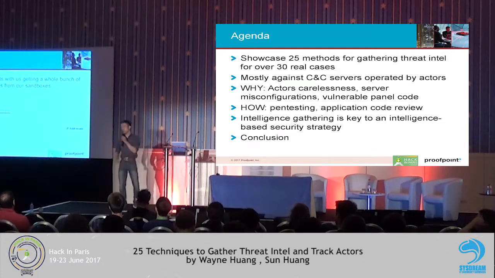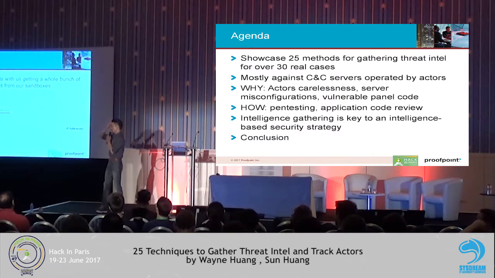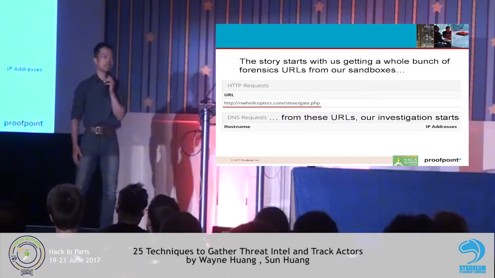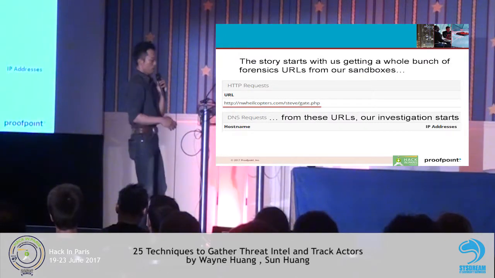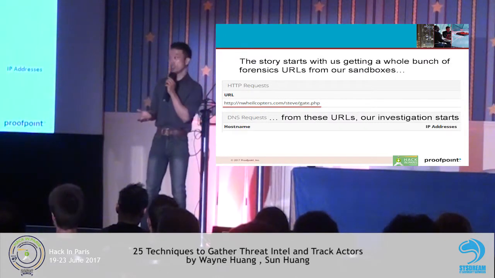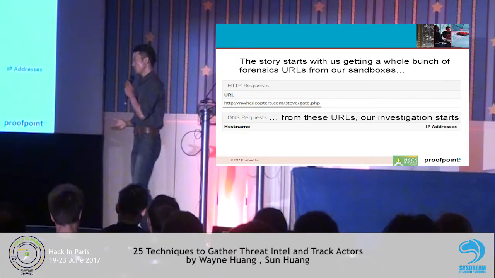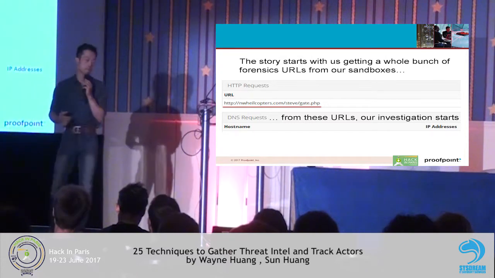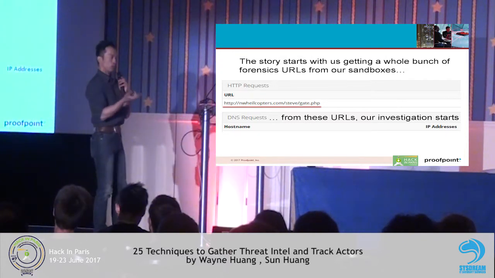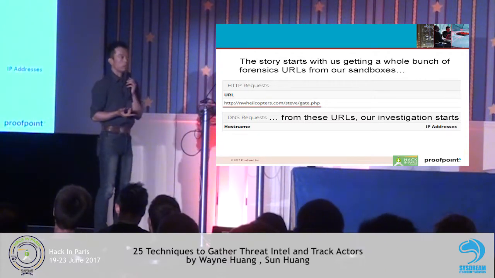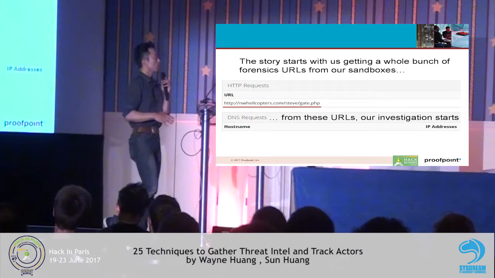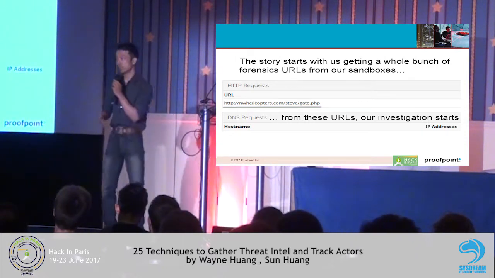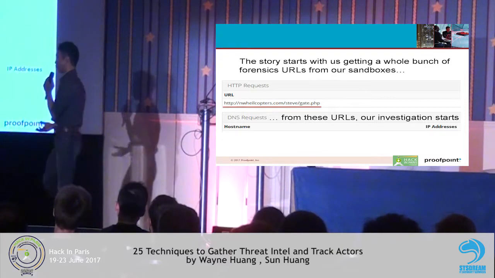If you're a Proofpoint user, this is what you will see in your product a lot. We run the world's largest sandbox in the cloud. We scan millions and millions of emails every day, and we throw all of the malicious binaries we find into our sandboxes, and our sandbox generates a ton of forensics for our customers.